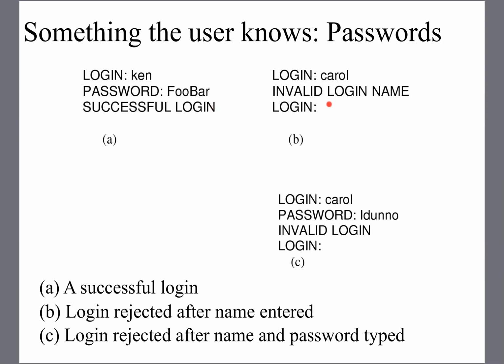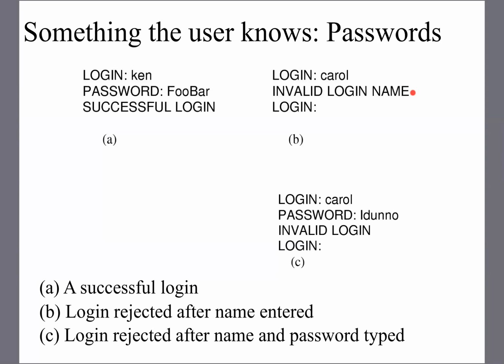But then here's an example of an unsuccessful login. You might notice that the user entered a username and it said invalid login name. It might seem very innocuous, but this is actually dangerous, because whoever was trying to log in was obviously not an authorized user, and you've given some information away that this user doesn't exist on the system.